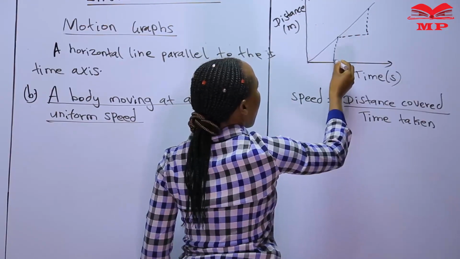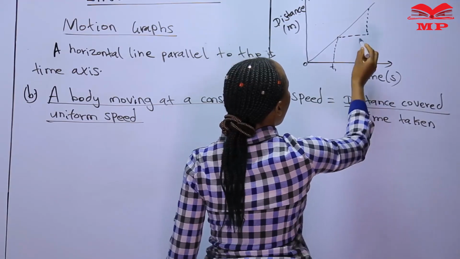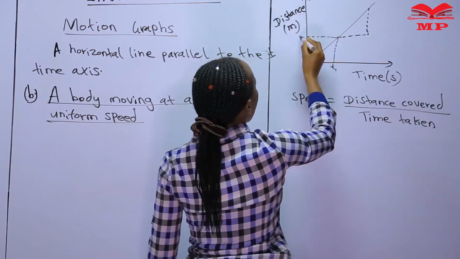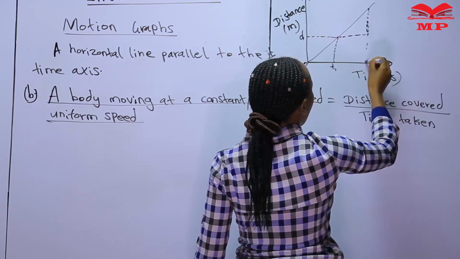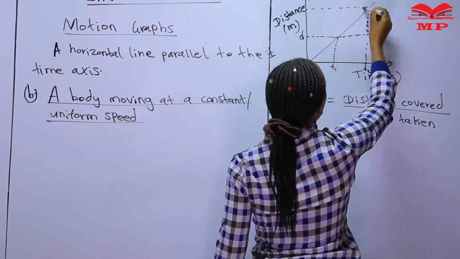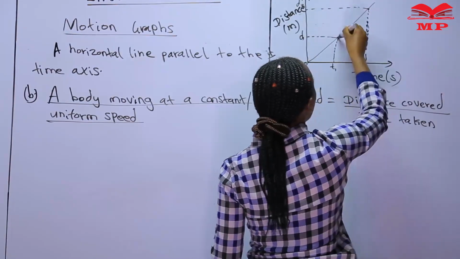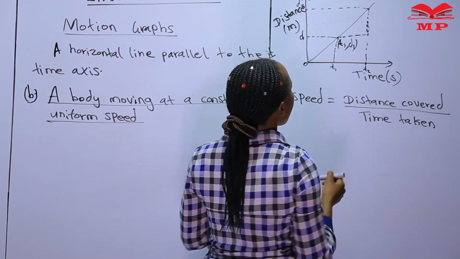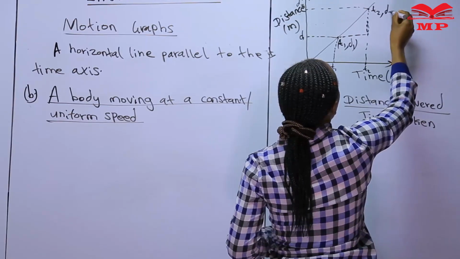Here we have 0, here we have T1, then on the distance axis we have D1, then here T2, and here the distance D2. So at this point we have T1, D1, those are the coordinates, then at this point we have T2, D2.